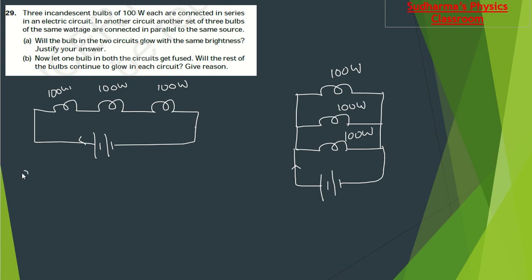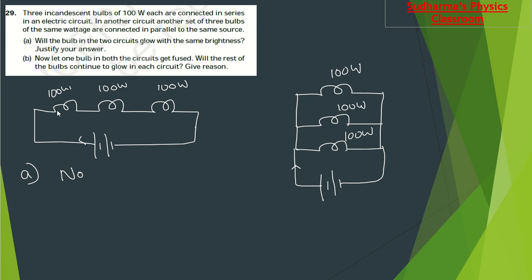First question, will the bulb in the two circuits glow with the same brightness? What will be your answer? In both the circuits, will the bulb glow with the same brightness? No. Because when they are connected in series, the resistance gets added up and the current will be decreasing.